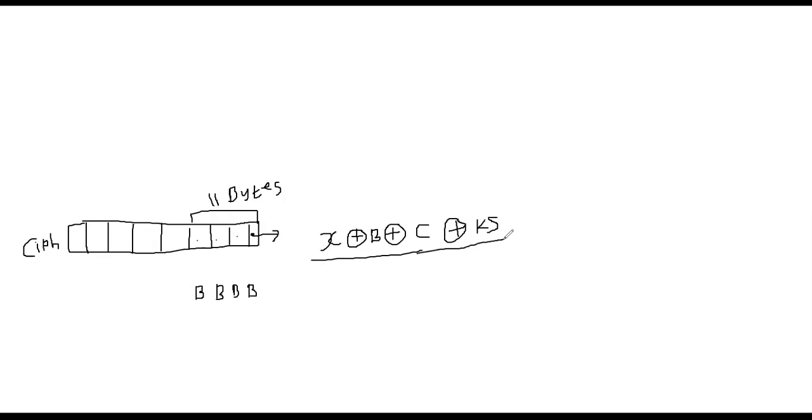Because of the properties of XOR, when the key stream is XORed with X in the original position, we get B. Then we have XORed again with B, and the B and B cancel out, so instead of B, it will become C. So we are basically making all of the bytes C by moving one position at a time.